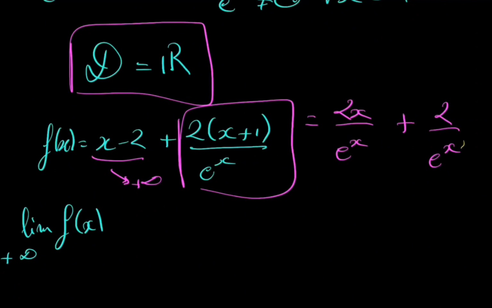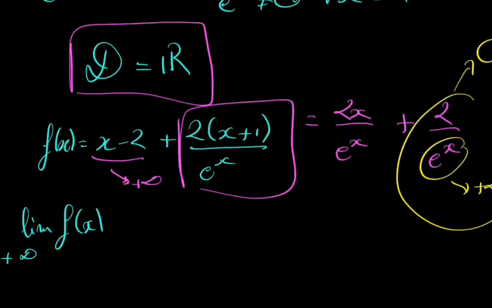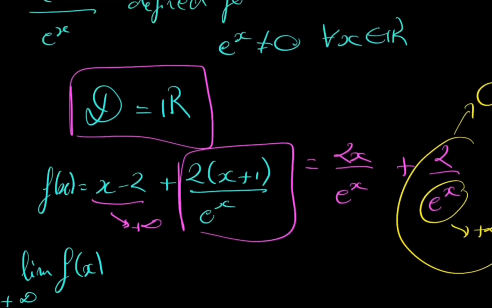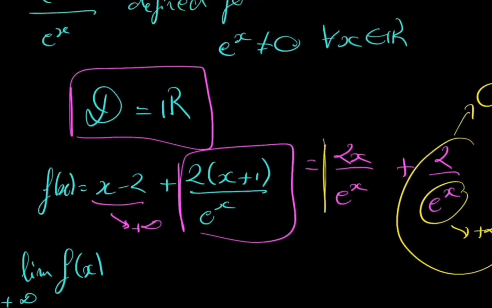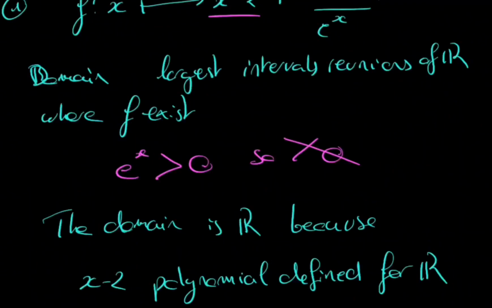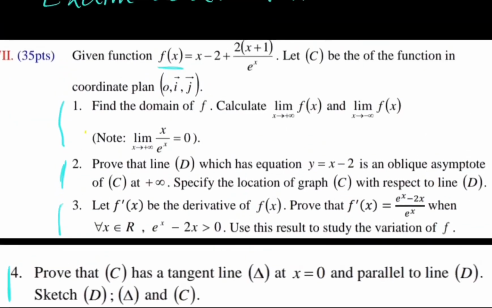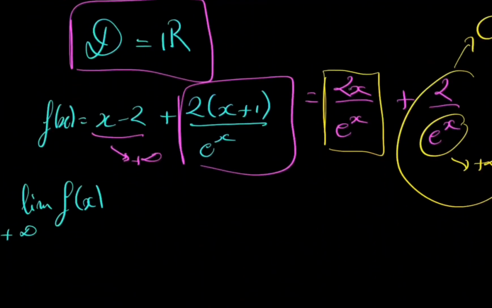So the exponential of x here will tend to plus the infinity, so this will tend to 0, either for one infinity or the other, okay? And for this part, we've got this indication. You should know it by heart. That gives us that the limit of x over exponential of x when x tends to plus the infinity is equal to 0. So this will tend to 0 when x tends to plus the infinity.